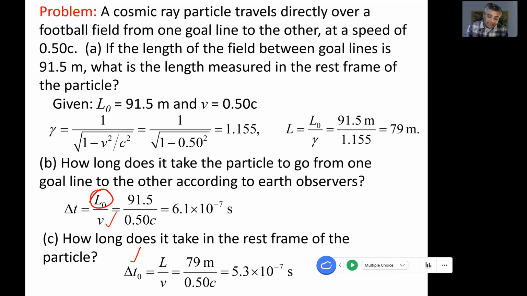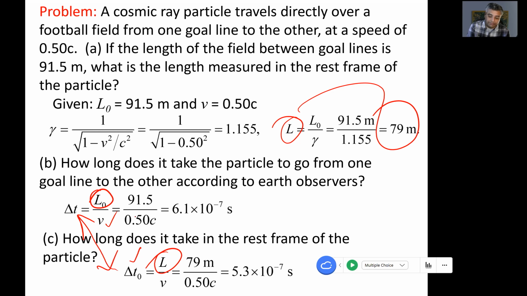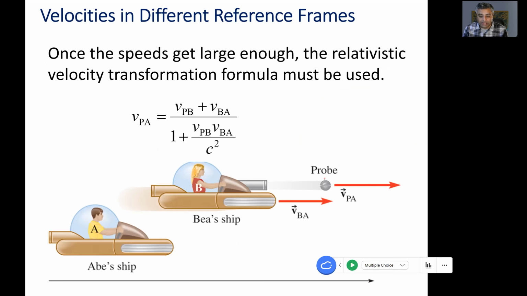And we can use the length observed by the particle there, which is this length, and divide that by the speed, and that's going to give you that. Okay, now these two times are just related by gamma. So that's how we use time dilation and length contraction, folks.